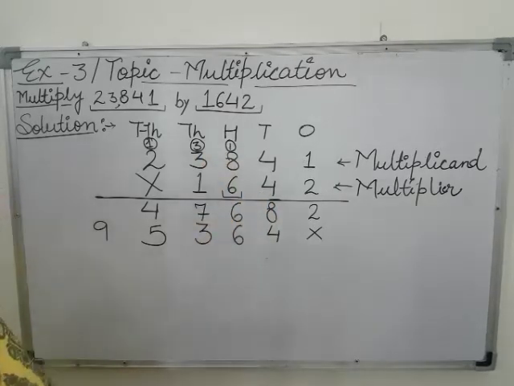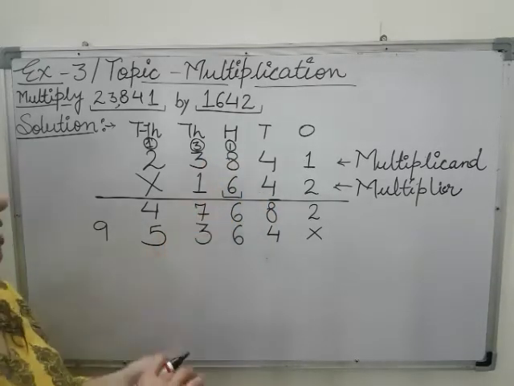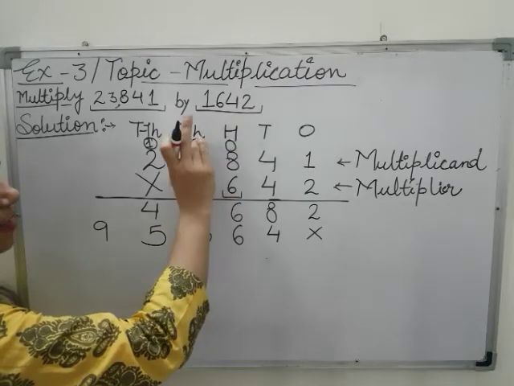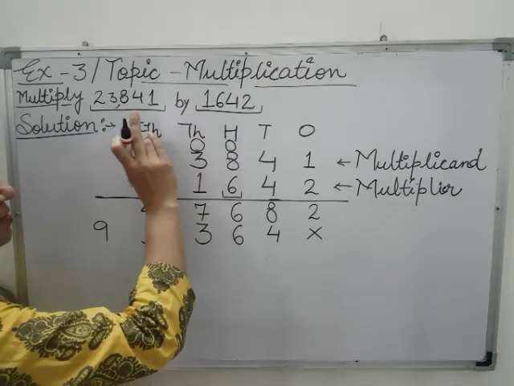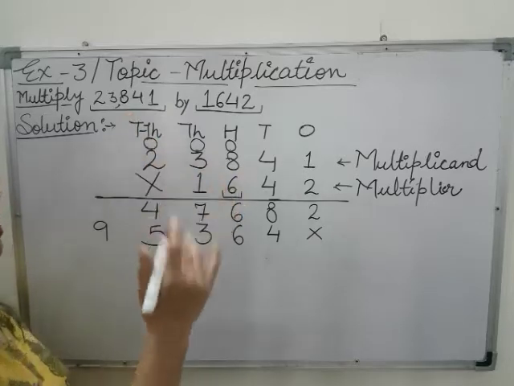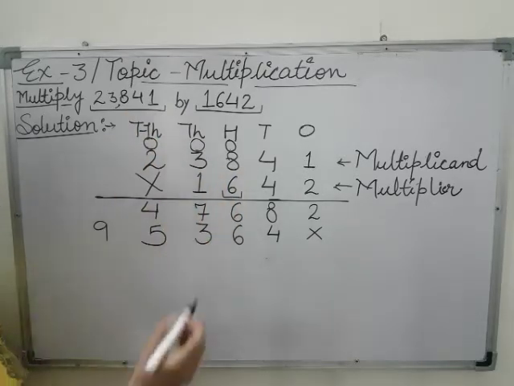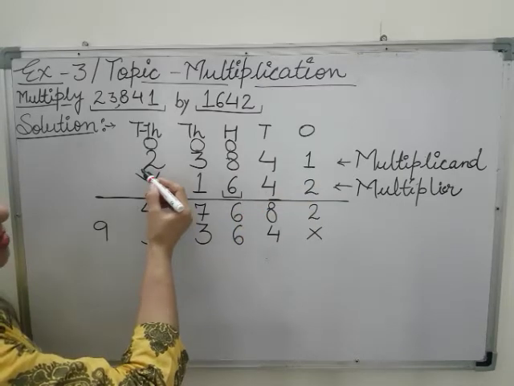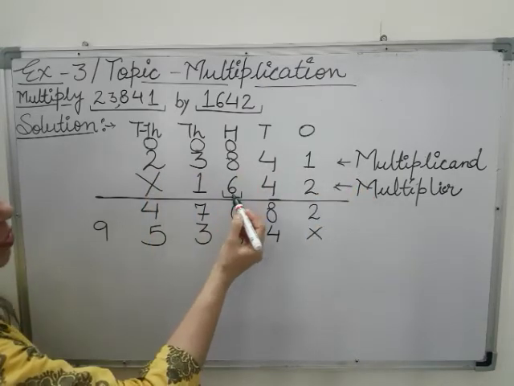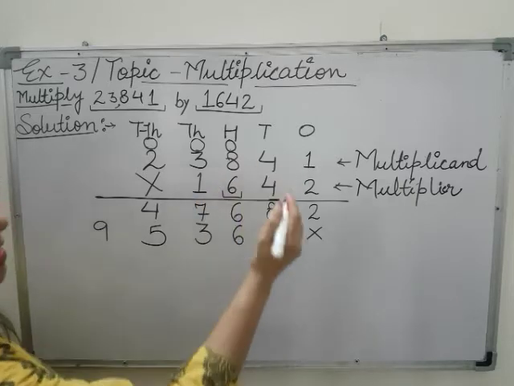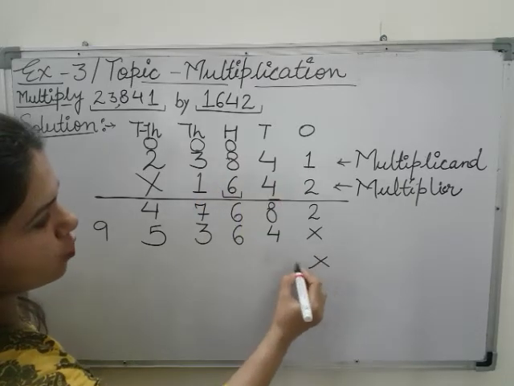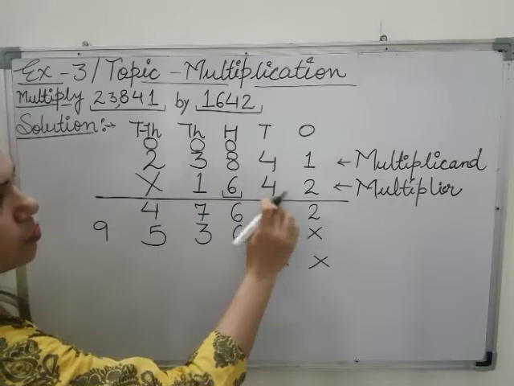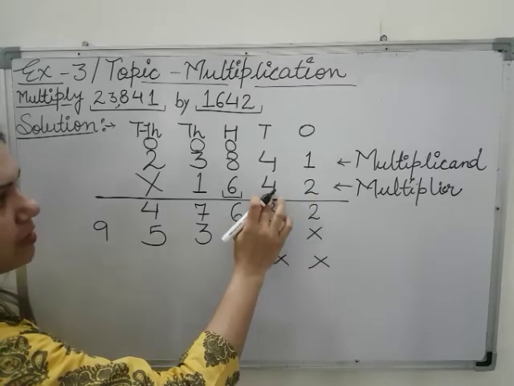Now before starting the multiplication for the next place, we erase these carries and we will place new carries for the next digit. Now we multiply this 6 with all the digits of the multiplicand. But before starting, first we place 2 crosses, as we have done 2-digit multiplication over here, ones and tens digits.